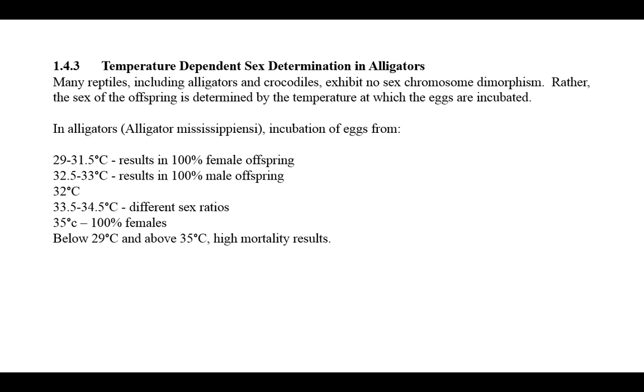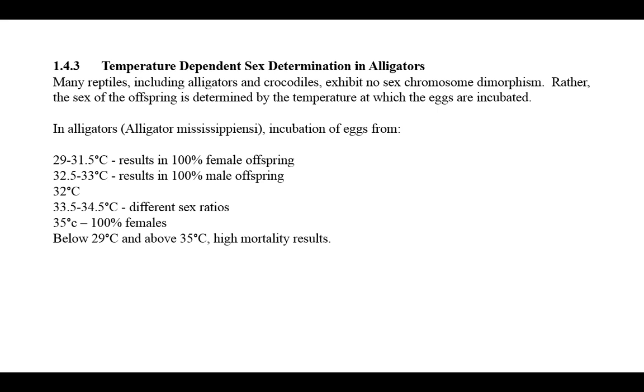Temperature-dependent sex determination in alligators. Many reptiles, including alligators and crocodiles, exhibit no sex chromosome dimorphism. Rather, the sex of the offspring is determined by the temperature at which the eggs are incubated. In alligators, Alligator mississippiensis, incubation of eggs from 29 to 31.5 degrees centigrade results in 100% female offspring.